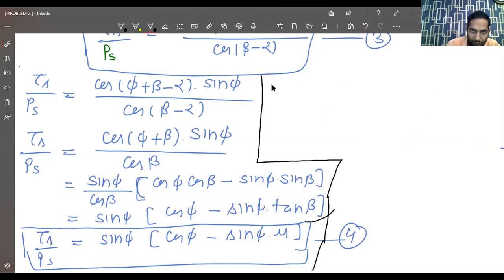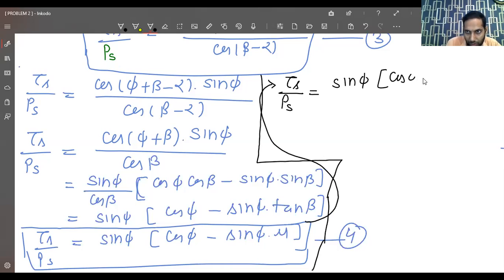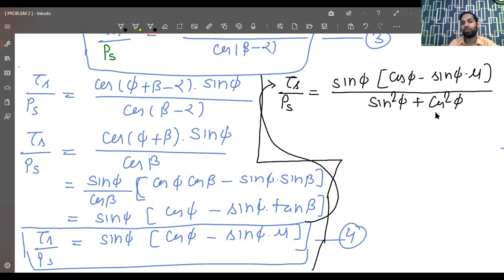We are going to this point. Okay, so tau s by ps is equal to sin phi into cos phi minus sin phi into mu upon, I can write down here sin square phi plus cos square phi. Sin square phi plus cos square phi is equal to 1.